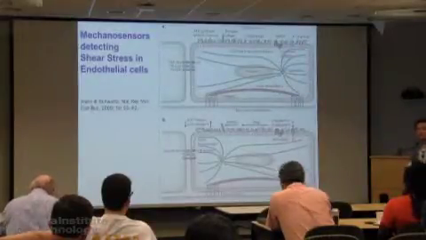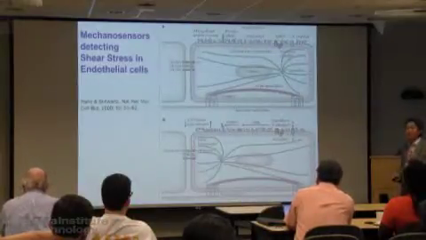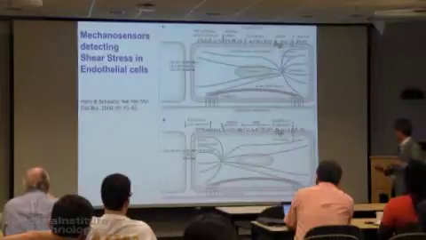And once endothelial cells recognize these different types of shear stress, then they react depending upon what kind of shear stress they saw.